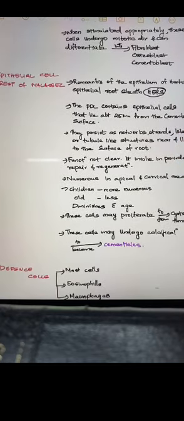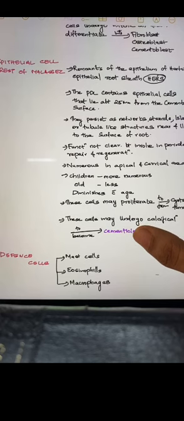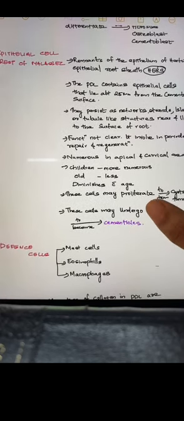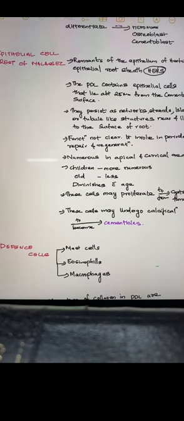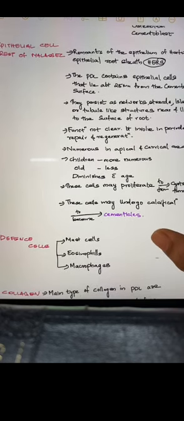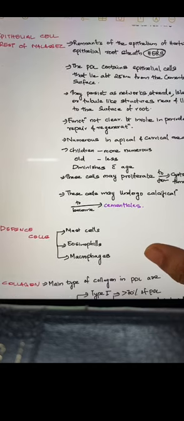Then next is the epithelial cell rests of Malassez. These are the remnants of Hertwig's epithelial root sheath. The PDL contains epithelial cells that lie about 25 micrometers from the cementum surface. These cells persist as networks, strands, islands or tubule-like structures near and parallel to the surface of the root.